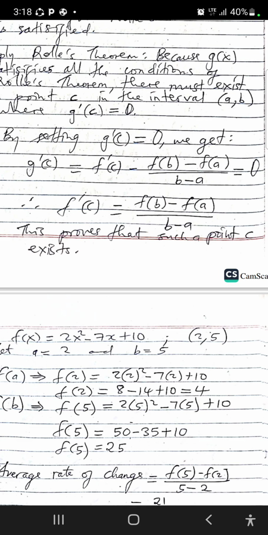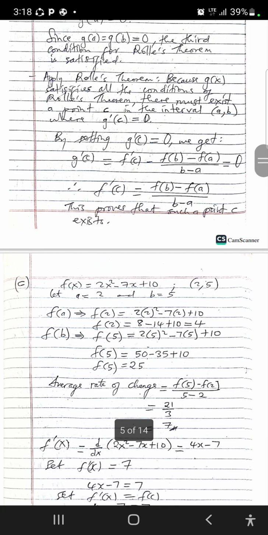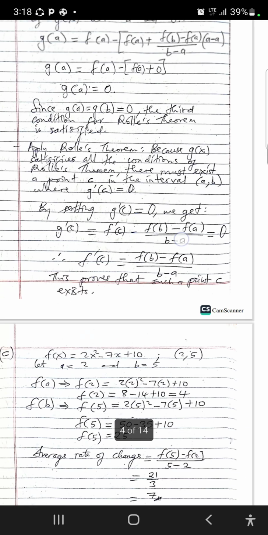If we take it to the other side, f prime of c will remain positive, and it will be equal to what is on this side. We have just started with f prime of c instead of starting with the big expression. This is where we have proven that there is a point c where f prime of c equals that value. So that is the proof.